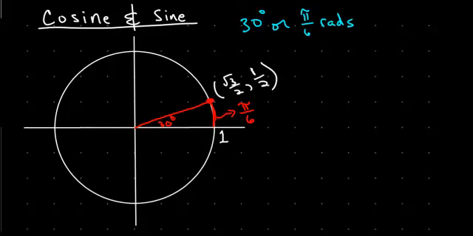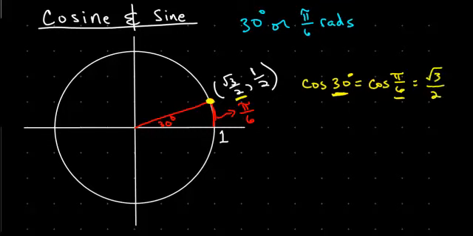And we see that the cosine of 30 degrees equals the cosine of pi over 6. Those two things are the same things, either expressing our angle as degrees or as radians. And in both cases, we go to this point here, and for the cosine, we look at the x-coordinate, √3 over 2. Okay.